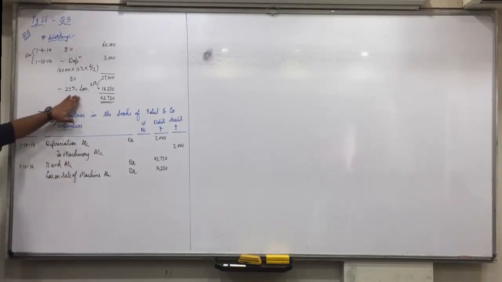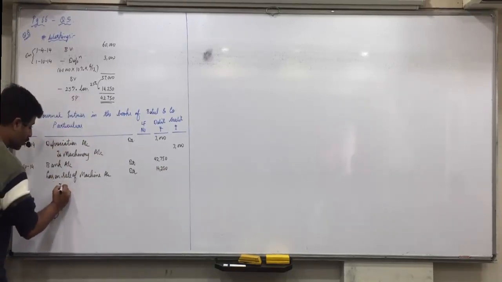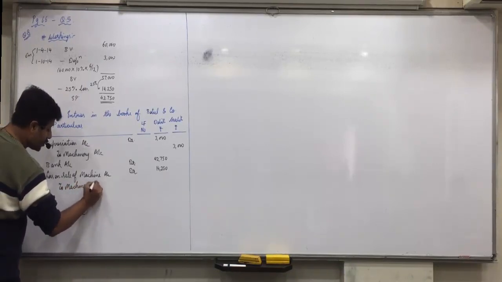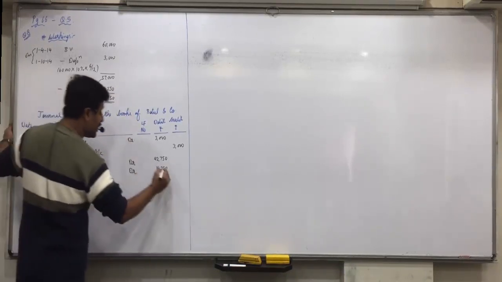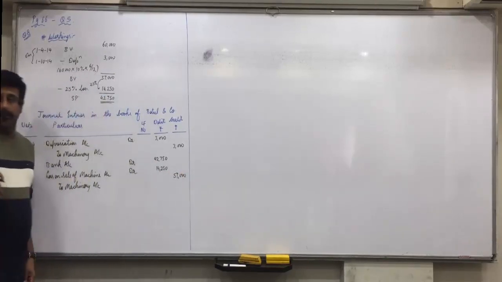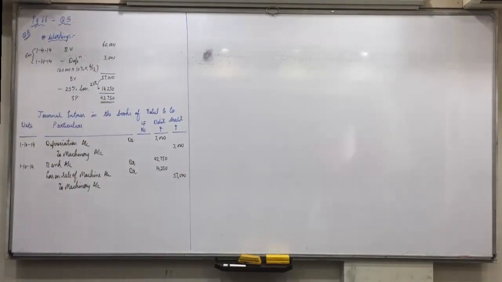Understood this? And machinery goes out, credit what goes out, to machinery account 57,000. Any doubts on this? Being machinery sold at 25% loss.